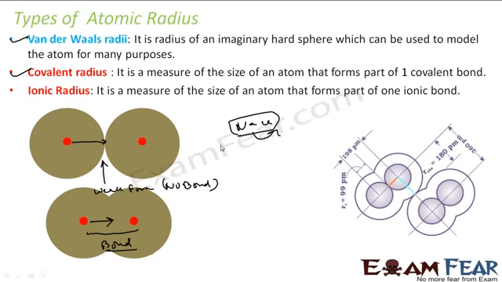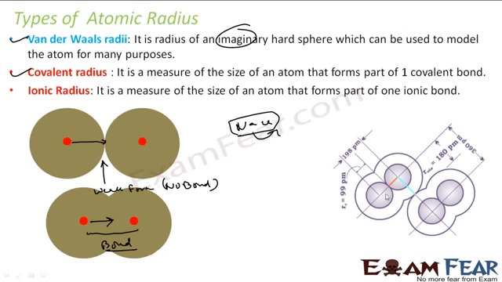The van der Waals radius is nothing but the radius of an imaginary hard sphere, and there is no bond between them. They're just held by a weak force of attraction. Then we have my bonded radius, either covalent radius or ionic radius. So there are many different kinds of radius, and these values differ.